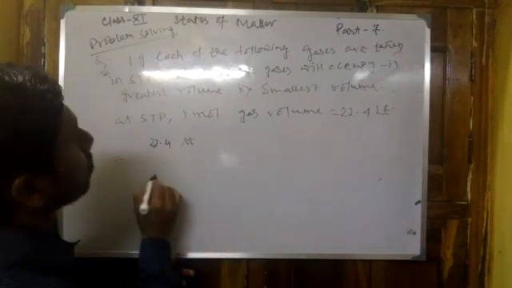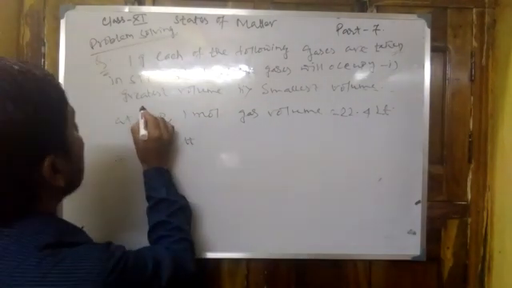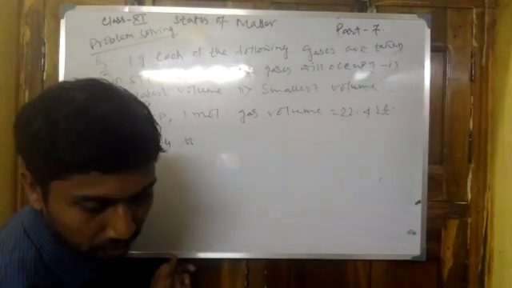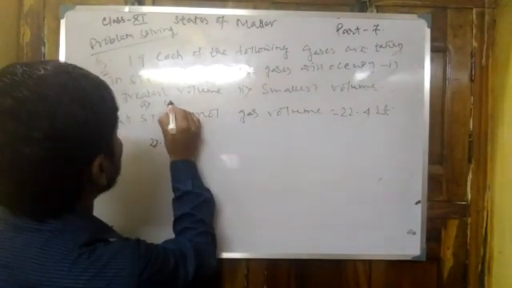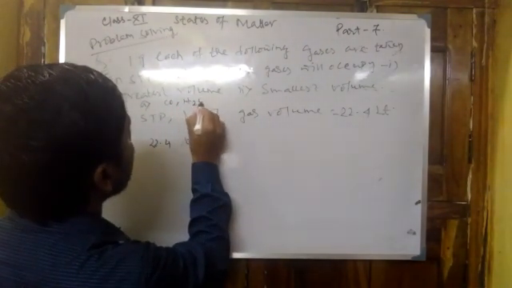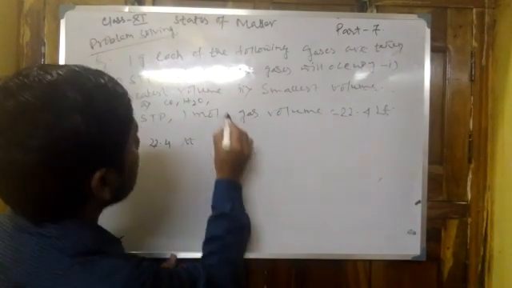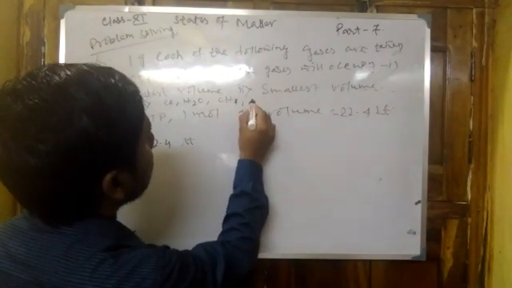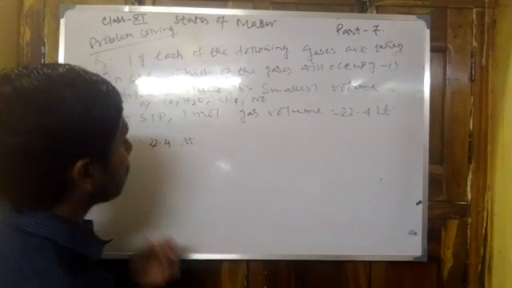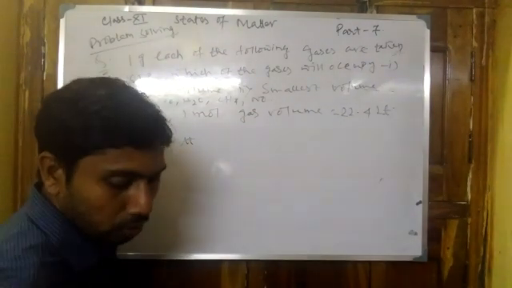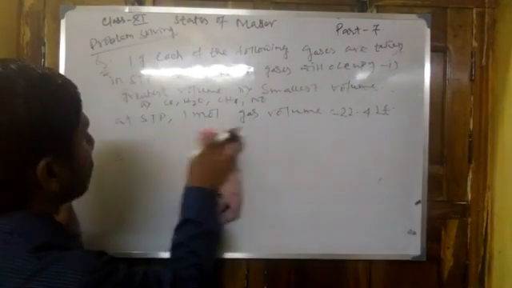Now the gases given are CO, H2O, CH4 and NO. So first of all we have to know the molecular mass of these gases.